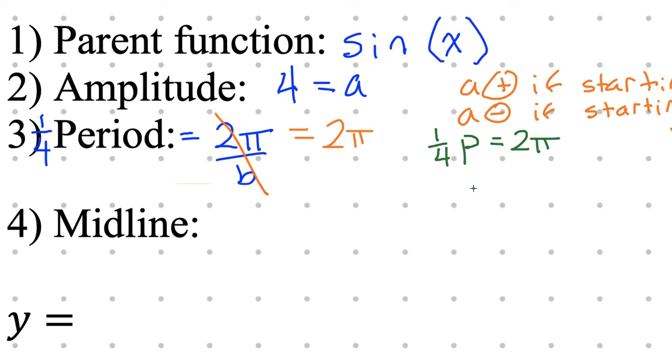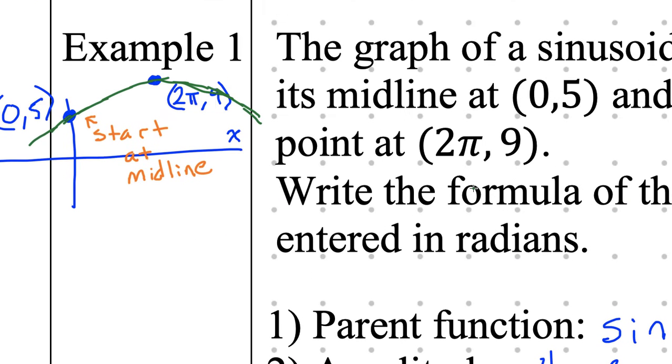Sometimes that number will be 1. It really depends on what information is given. The information that was given to us was what amount of the period do I have between the midline and the maximum? I went back up to my graph and said, hey, midline to maximum is a quarter of the period. That's why I wrote 1/4. And where did the 2 pi come from? The 2 pi is always just this distance, your delta x, your change in x.